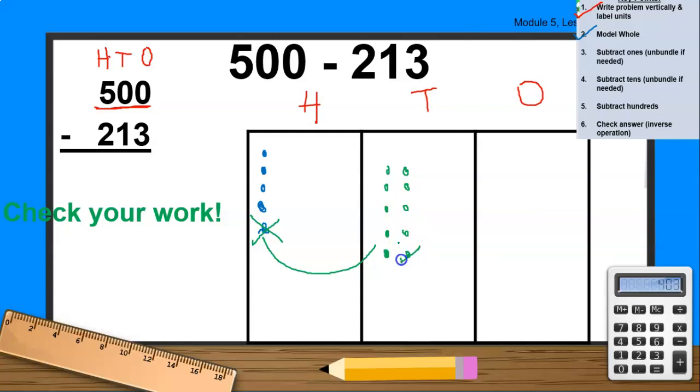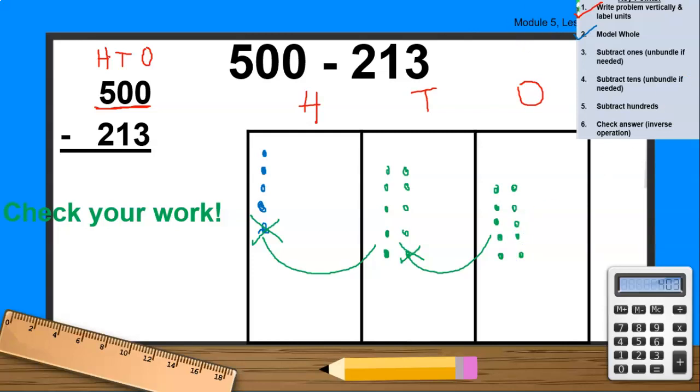But I cross out 1 ten and I change it for 10 ones. I'm sorry, Miss Bocanan has been counting it right. 1, 2, 3, 4, 5, 6, 7, 8, 9, and 10. These are 10 ones. It's in the ones place.